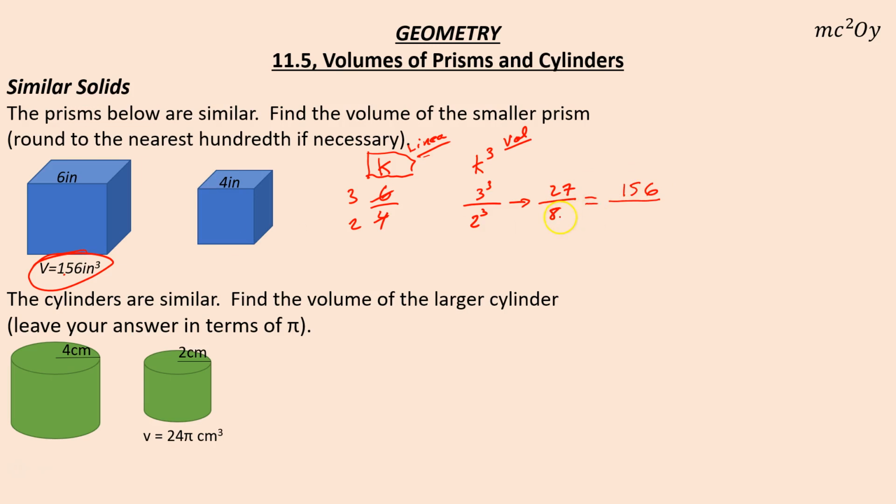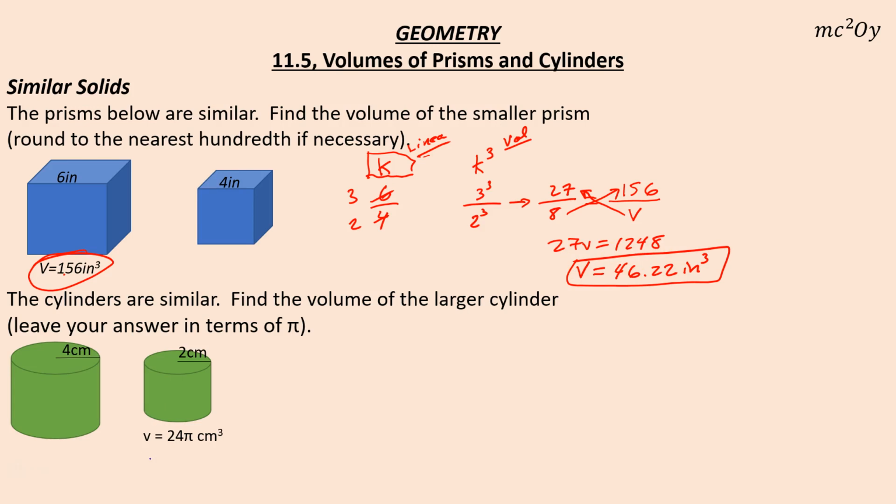Volume of the smaller, and since 8 is smaller than 27, that's down here, is V. So to solve this proportion, we cross multiply. 27V is equal to 8 times 156, also known as 1,248. And divide by 27, you get the volume of the smaller is 46.22 cubic inches. There, we got it.